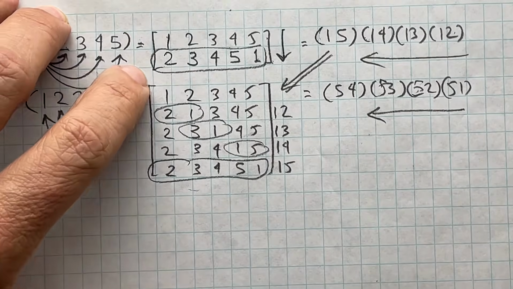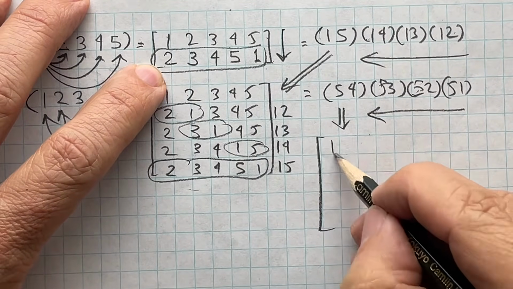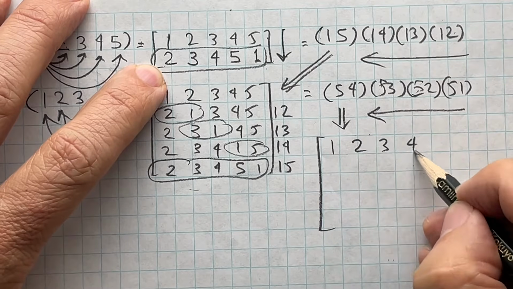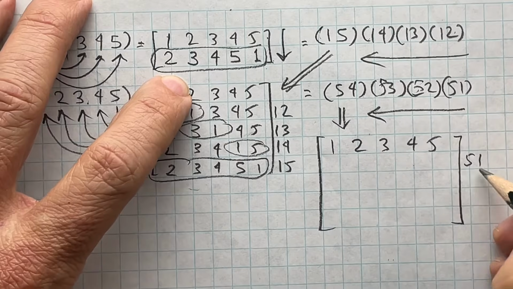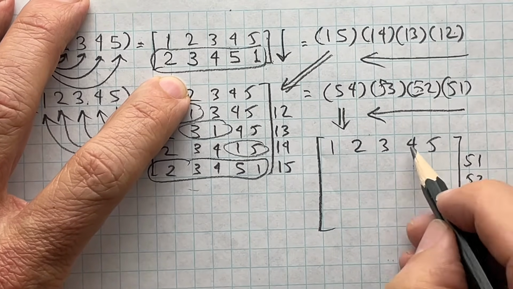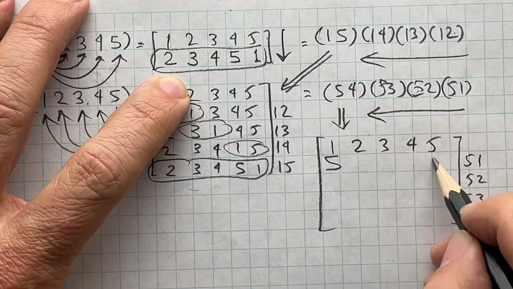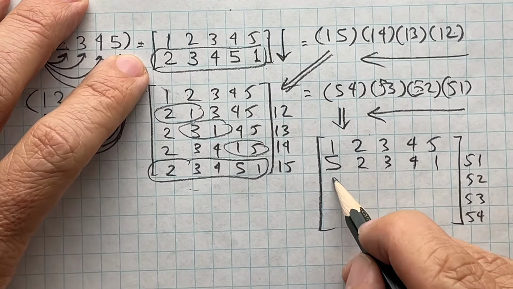Then when you do this one, you're going to do 5, 1 first. So you're going to do 5, 1, then 5, 2.